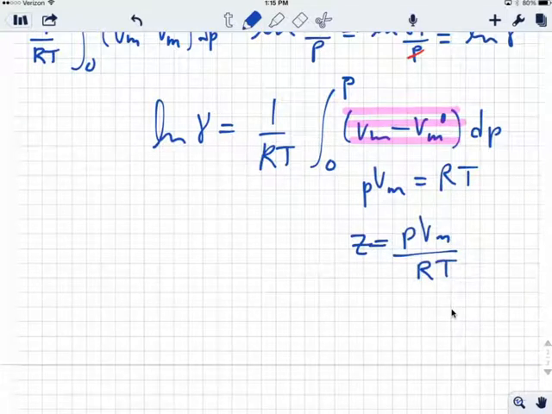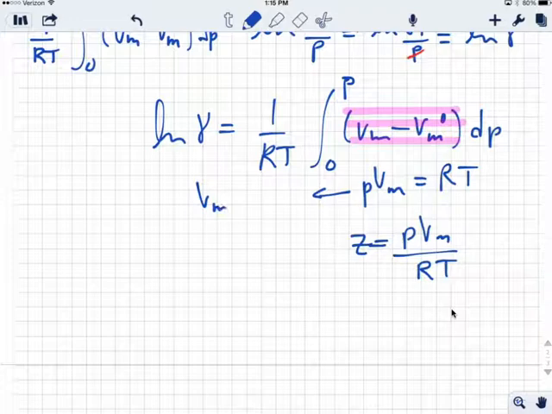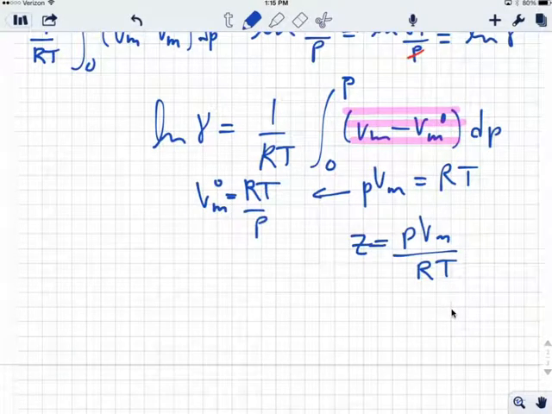And so we have a way we can maybe relate back to Chapter 1, ideas of compressibility. So from the upper equation, we're going to see that Vm ideal is equal to RT over pressure. And from this equation, we're going to see that Vm equals Z RT over pressure.